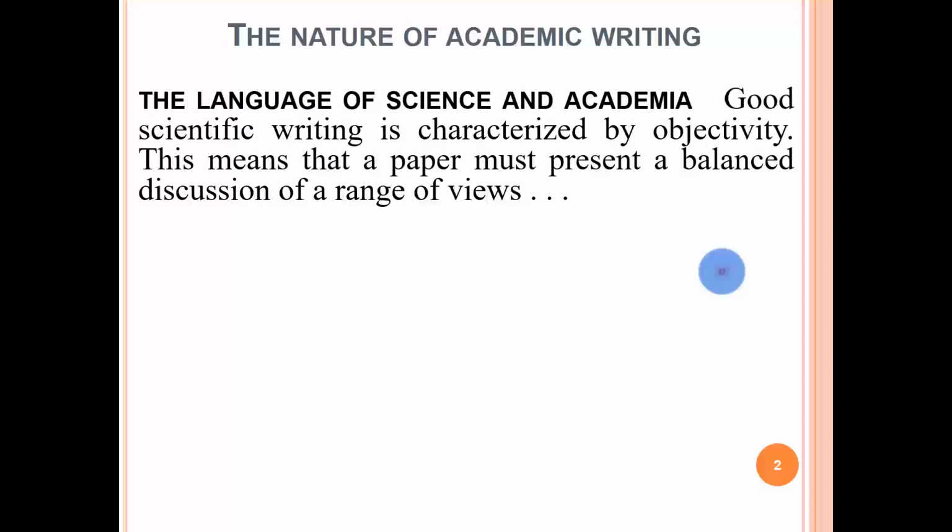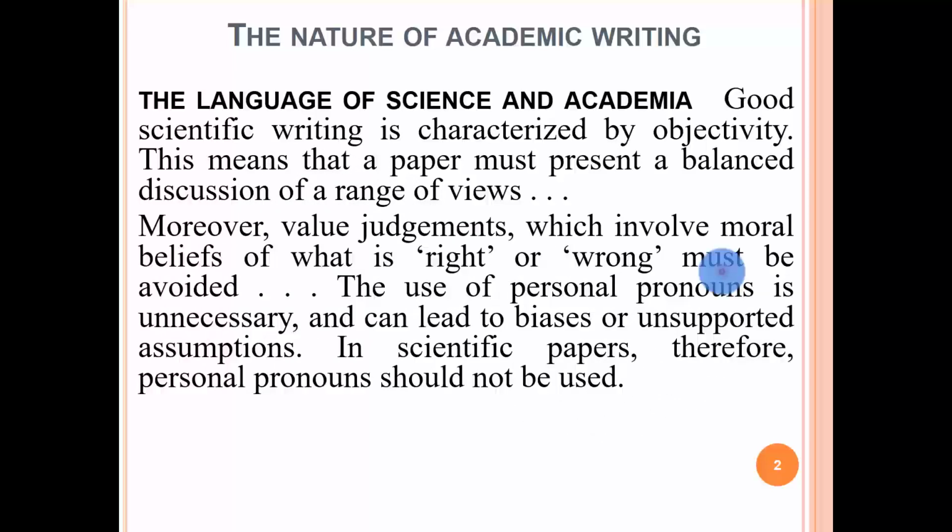So this means that the paper must present a balanced discussion of a range of views, not a single point of view. Moreover, judgments which involve formal or moral beliefs of what is right or wrong must be avoided. So nothing personal, nothing to express what we think is right or wrong.